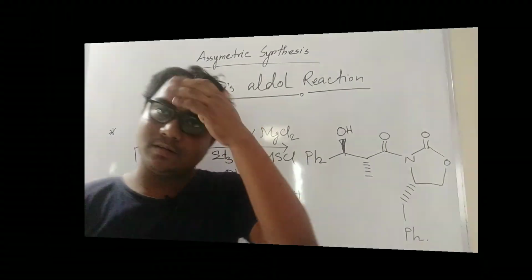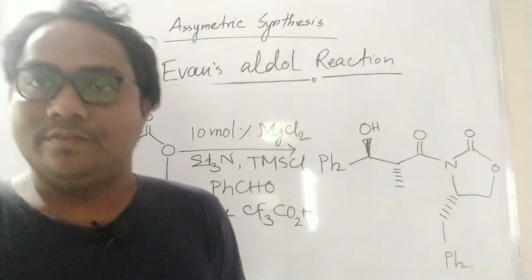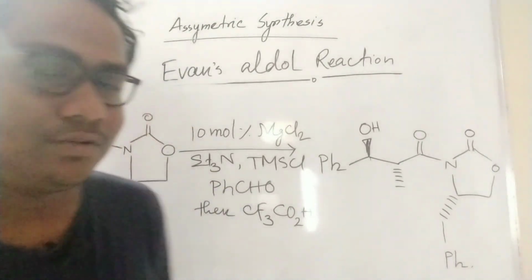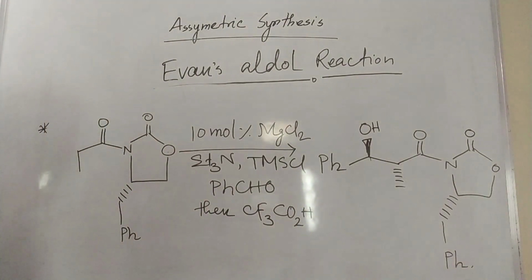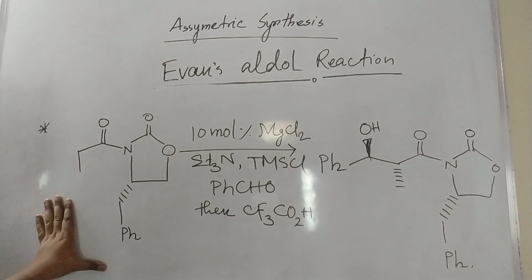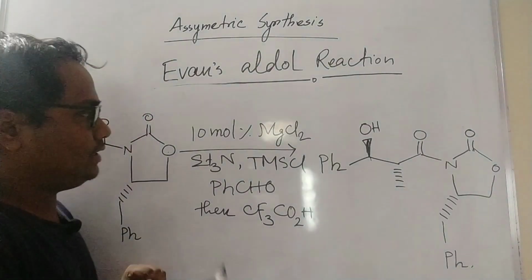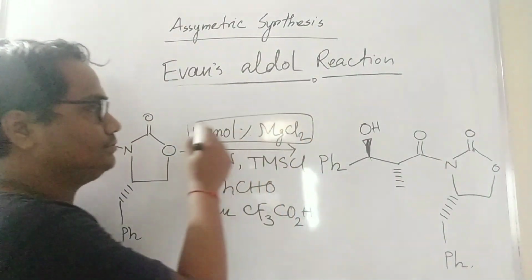Okay, another example of the Evans aldol, but this is a little bit different from the previous one, so you have to check here. This is the starting material containing the chiral auxiliary, and here I use magnesium chloride as a salt.